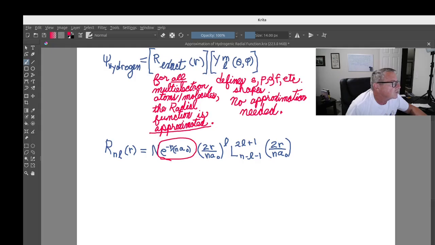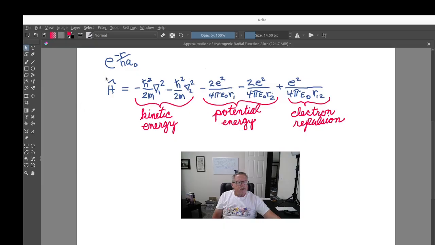As r gets very large, then this whole thing tends towards 0 because of the negative exponent. So notice the only thing that I brought over from the last page was this exponential, because that's what we're going to use for our approximation. Seems kind of weird that we throw all that other stuff out, but let's just keep moving along.